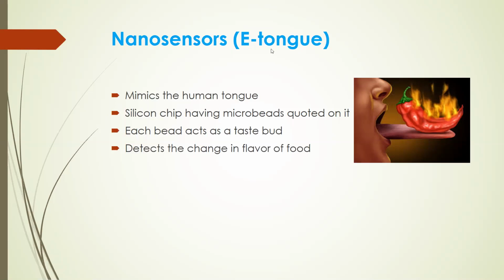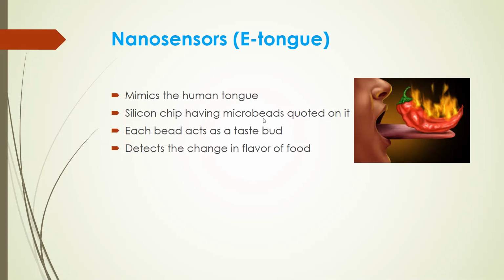So these electronic tongues, these types of nanosensors, are made up of silicon chips, right? This is a silicon chip, and this silicon chip is actually coated with a huge number of microbeads.